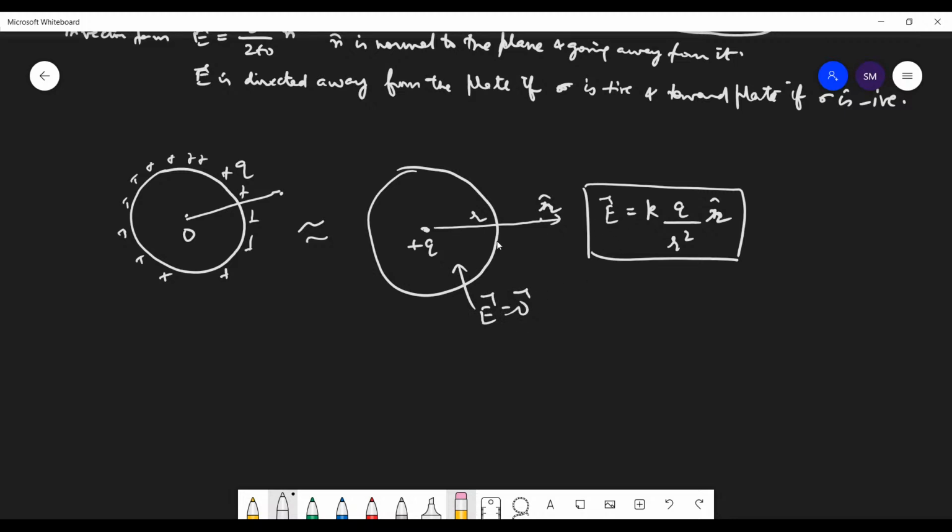Now let us do some important exercise questions. Please open page number 46 of your NCERT books.